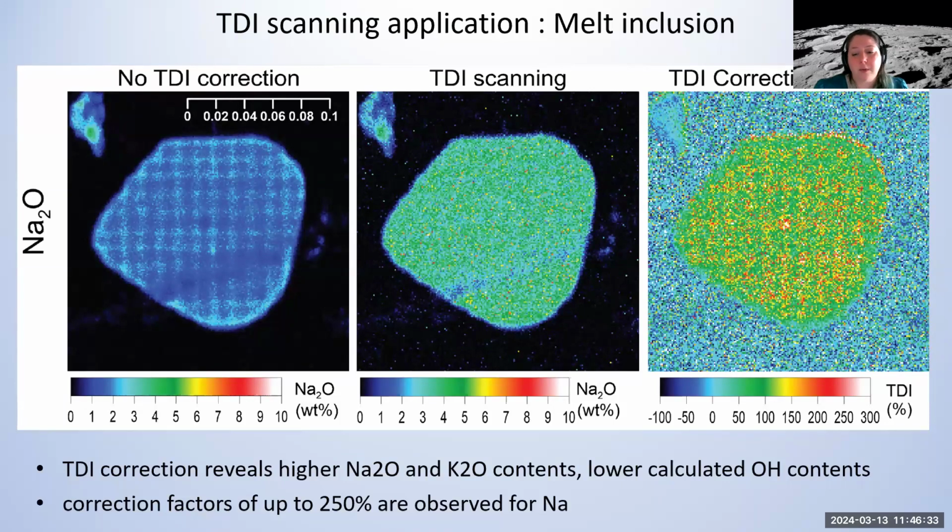Of course, there is the question of whether you really want to use this for glasses. If you want to do analysis on very solid glasses, using TDI scanning gives you a lot of control over the analysis. What I like in particular is that you can add and subtract maps to your calculation as needed.